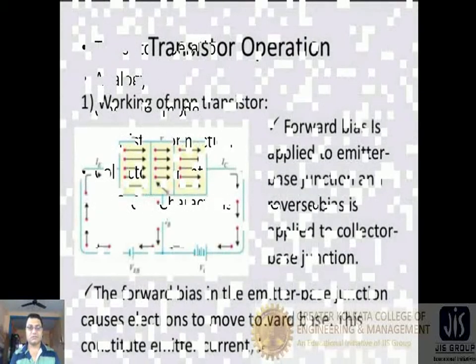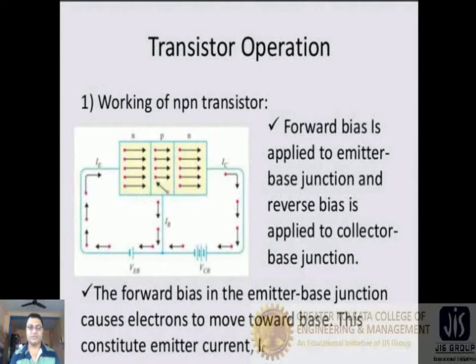In this session, we will discuss mainly the BJT, bipolar junction transistor. BJTs are of two types, NPN and PNP. We are going to discuss mainly the NPN BJT in our lecture. So let us begin.